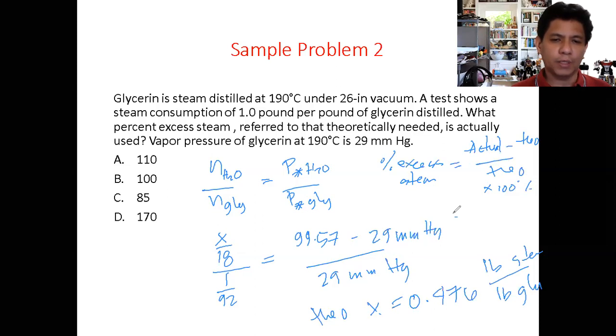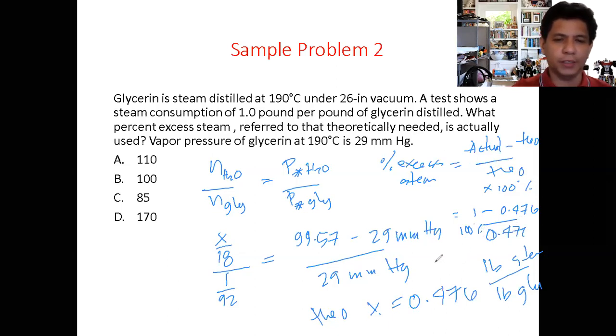So that would be 1 minus 0.476, divided by 0.476, times 100%.